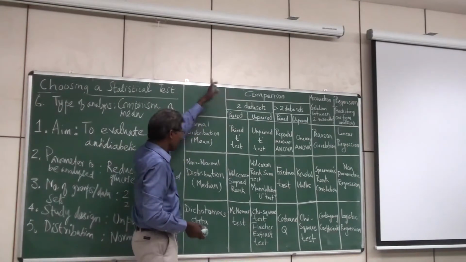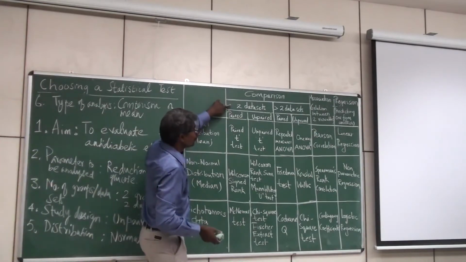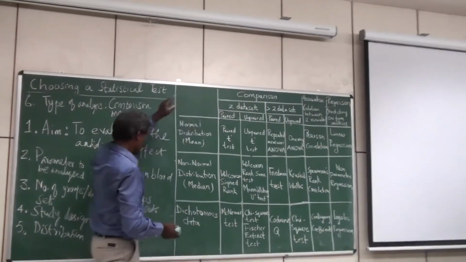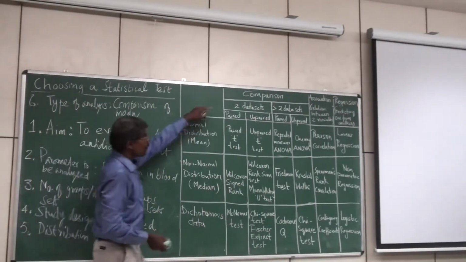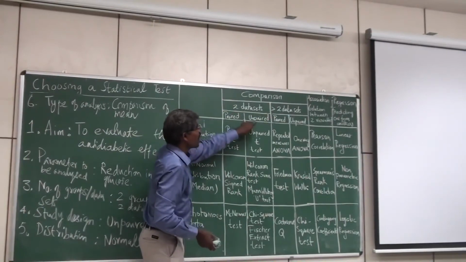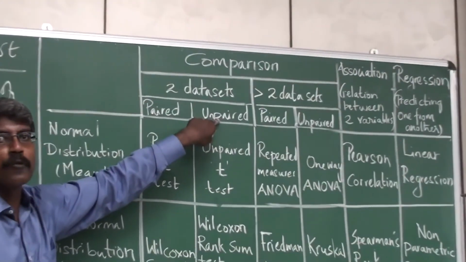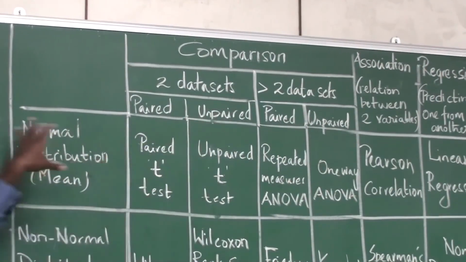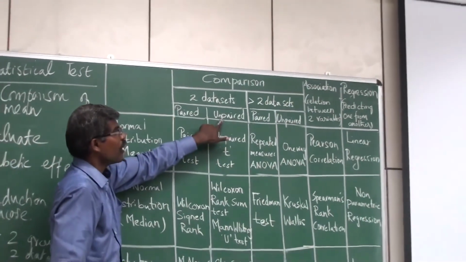Comparison of what? 2 data sets. And what is the design? It's unpaired. So comparison of 2 data sets and unpaired. So I have fixed which column I belong to: I belong to row 1, and among the 2 data sets I belong to unpaired.